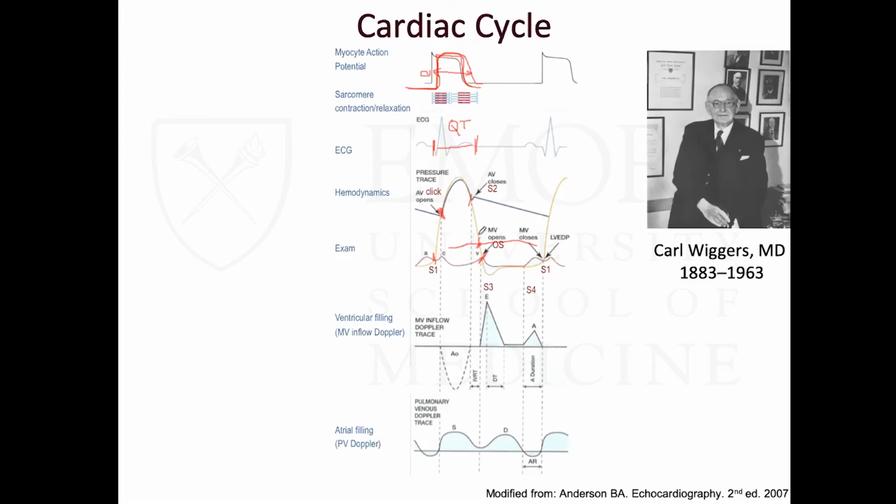In other words, if I have an opening snap that is closer to my S2, that tells me that the left atrial pressure is higher, and that the mitral stenosis is more severe. So this is just a little side note as it applies to the beauty of the cardiac cycle for physical exam and for Doppler hemodynamics.